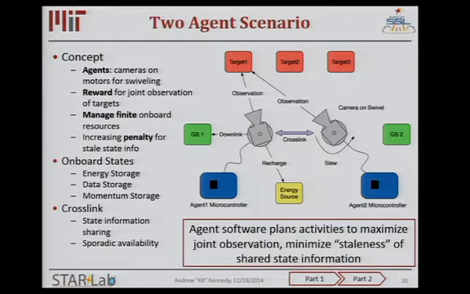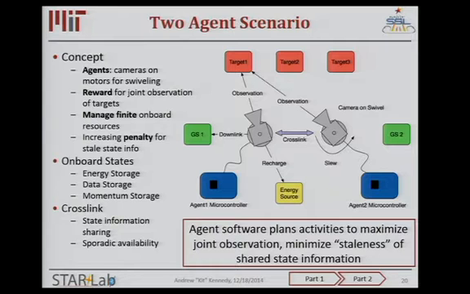And each of these agents has a notion of an onboard state that includes energy storage, like battery level, data storage, and momentum storage, so angular momentum storage, a proxy for reaction wheel angular momentum storage.